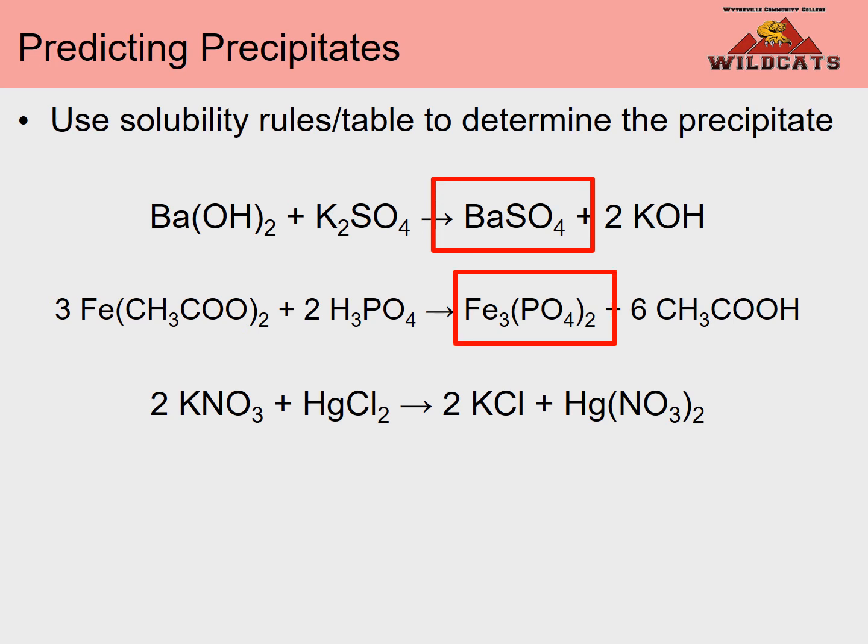So we end up with iron 2 phosphate as our precipitate. And the interesting thing is if we look at our next one, potassium chloride is soluble. And if we look up mercury nitrate, it's got an S, which means it's soluble, which means that's not a net ionic equation or a precipitation reaction, so we wouldn't worry about it.